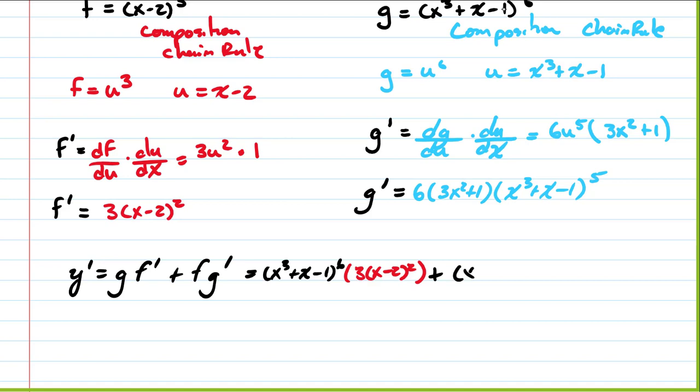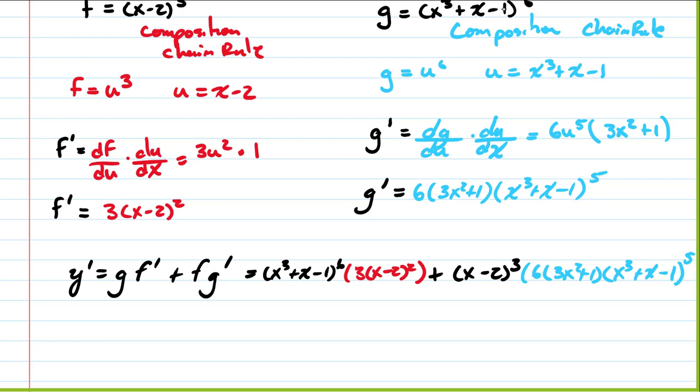F was x minus 2 cubed, and g prime is 6 times 3x squared plus 1 times x cubed plus x minus 1, all raised to the 5th.